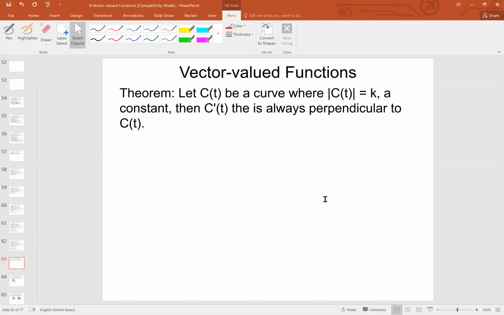And finally, one of the very important theorems concerning all of this is that if I have a curve or vector valued function where the length of the vector is always the same. What do you mean the length of the vector is always the same? It means you're traveling in a circle.